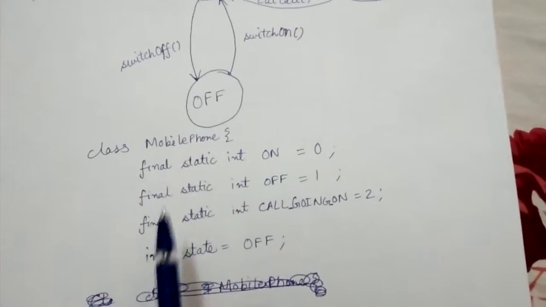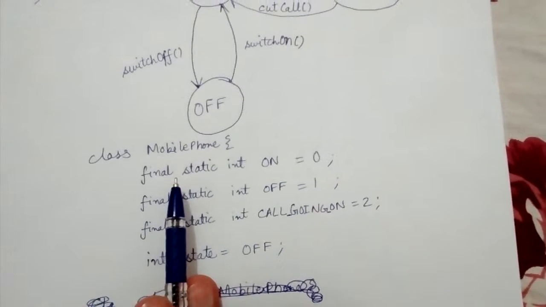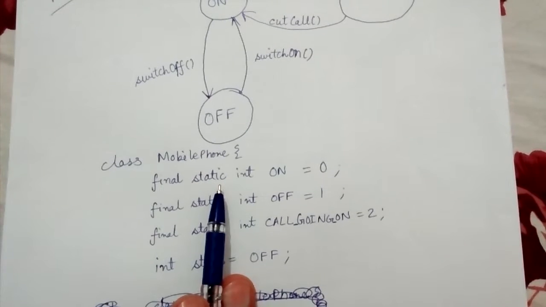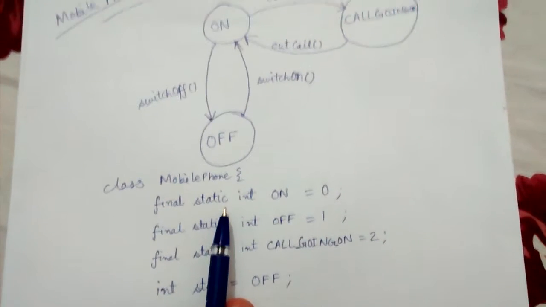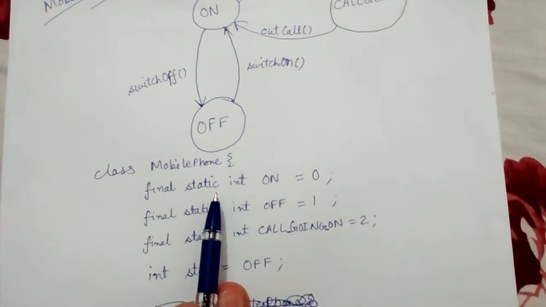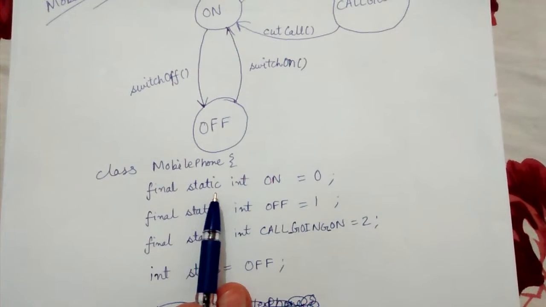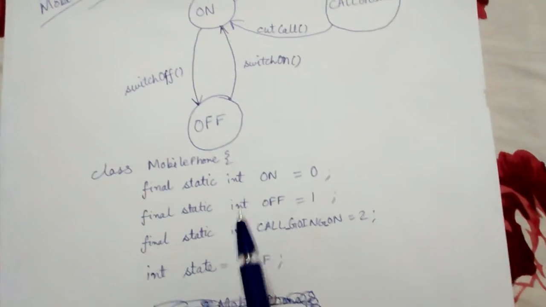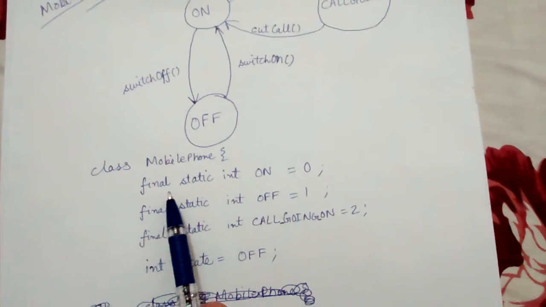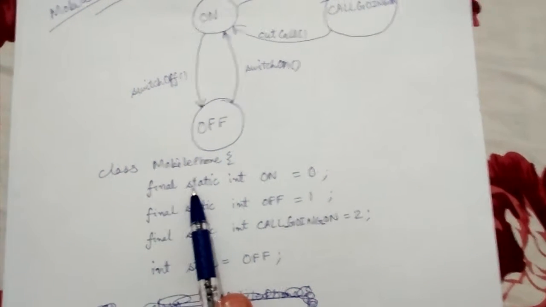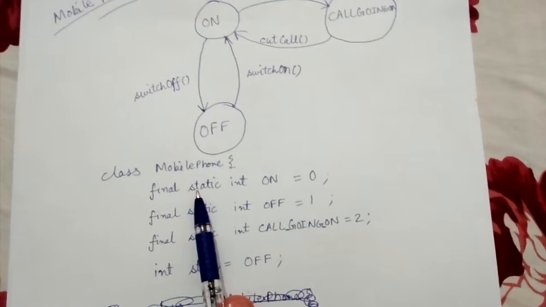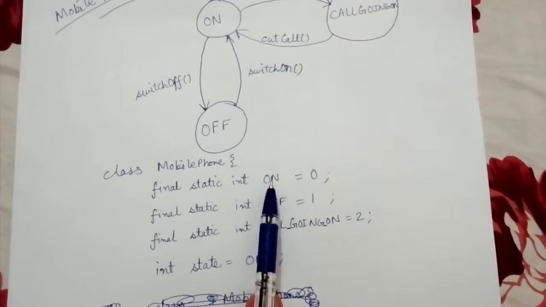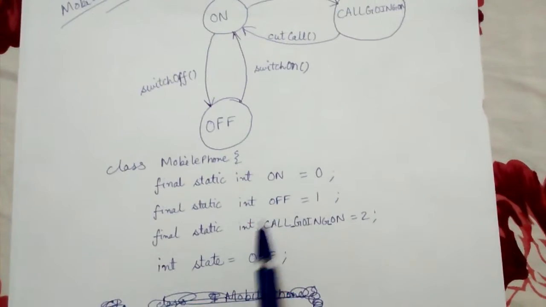The variables are final, that means these variables cannot change, and these variables are static, that means these variables are unique over all the objects of mobile phone class. So basically you can treat such final static variables pretty much as constants. So these are three constants.